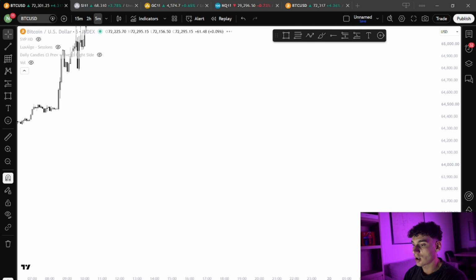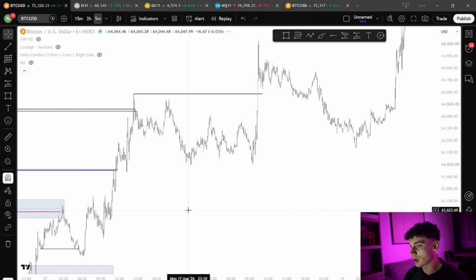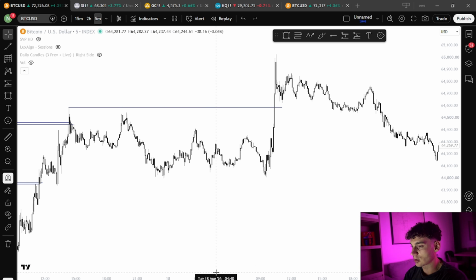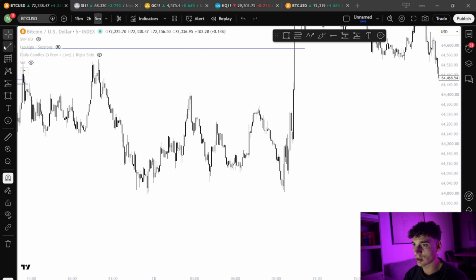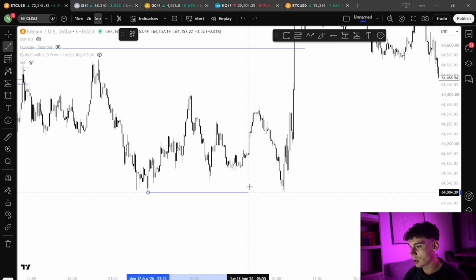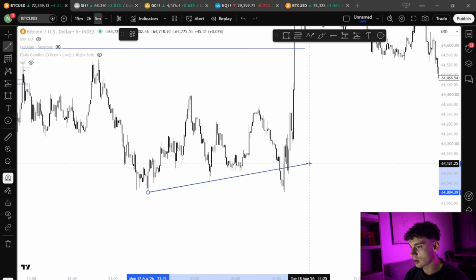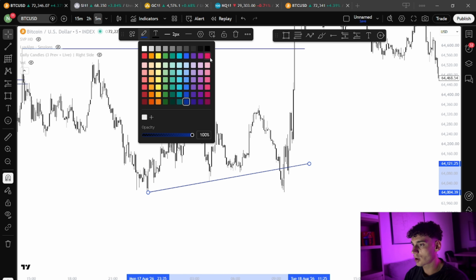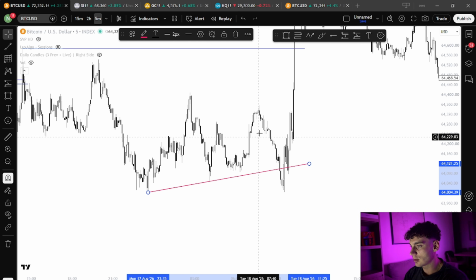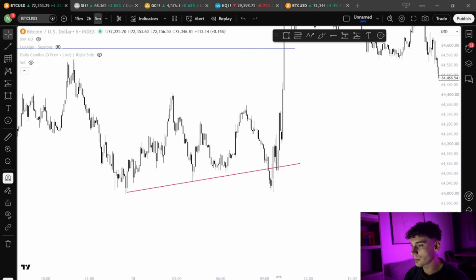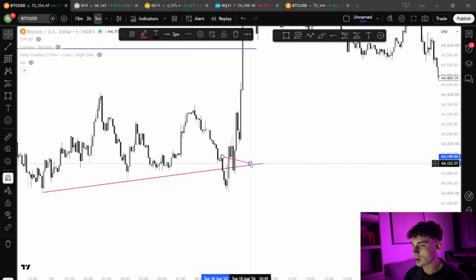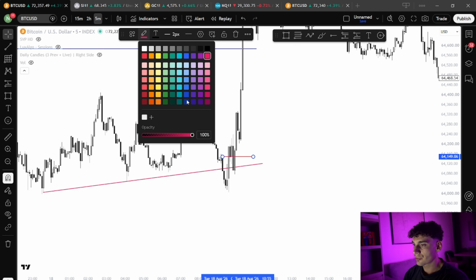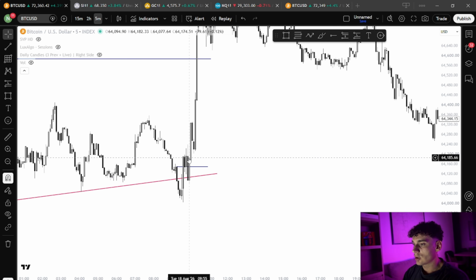So if I go on a 5-minute chart here, I will show you the example that I know from the other day. As you can see, Bitcoin started making trend lines here. Boom, this trend line was made. After that trend line was made, the price went down and broke the trend line. After breaking it, it pushed back into the range, gave you a change in the state of delivery, and then a little bit of a correction.